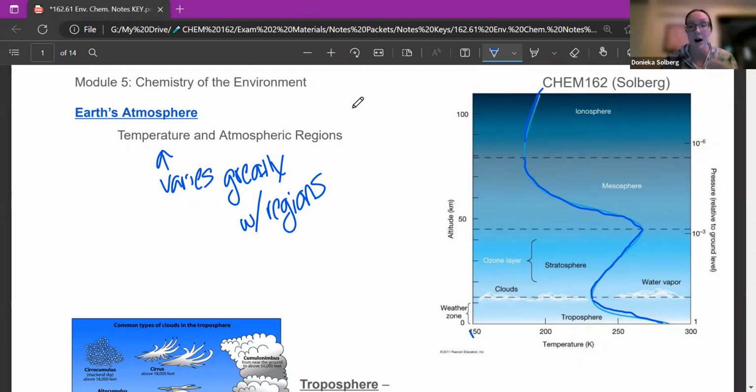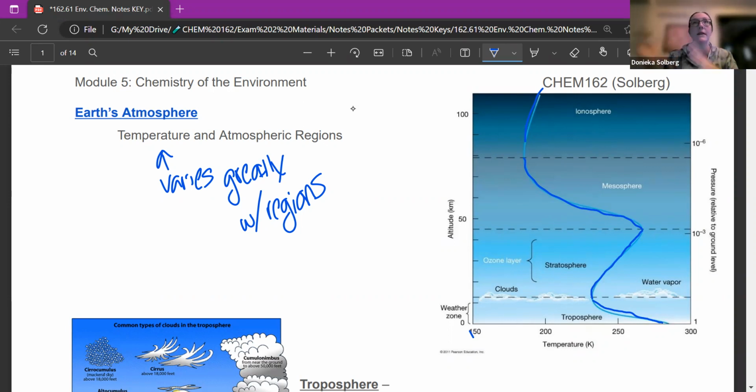Now, pressure, on the other hand, does not vary like that, increasing and decreasing. As you go up, pressure is always going to decrease. Okay, so as we're going up, our pressure goes down. It goes to 10 to the negative third, 10 to the negative sixth. The higher you go into the atmosphere, the fewer particles there are, especially all the way up to where we are going into space.